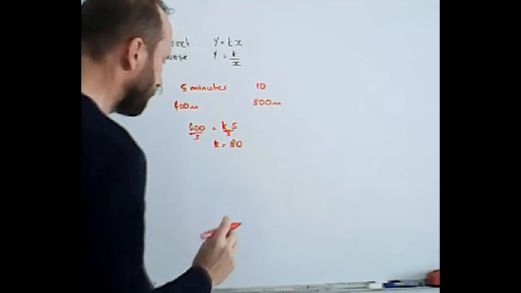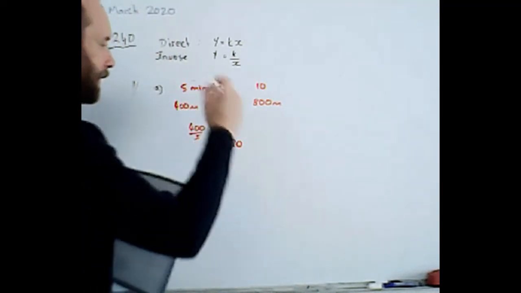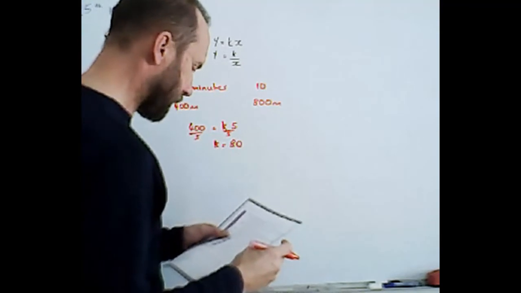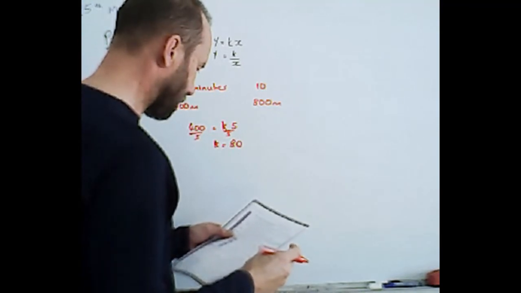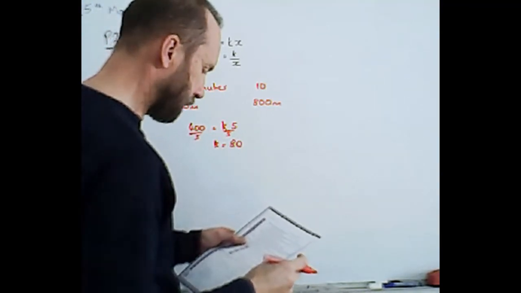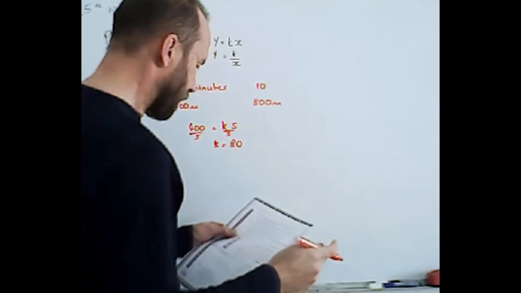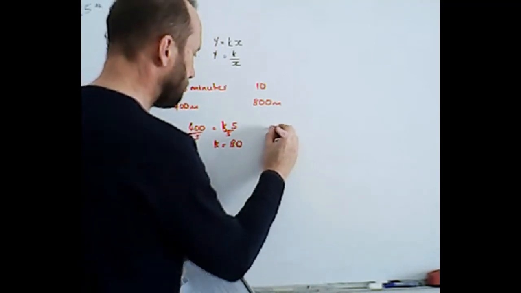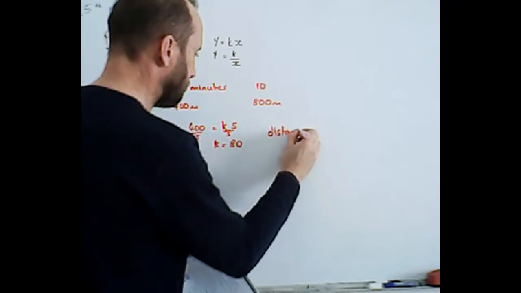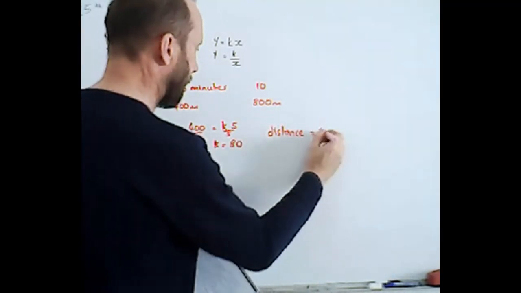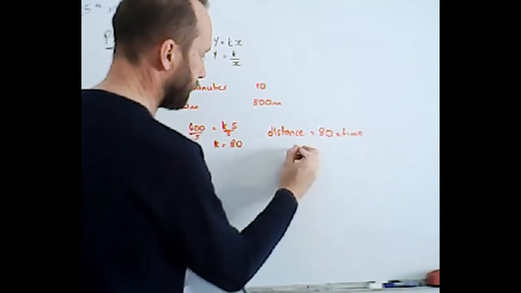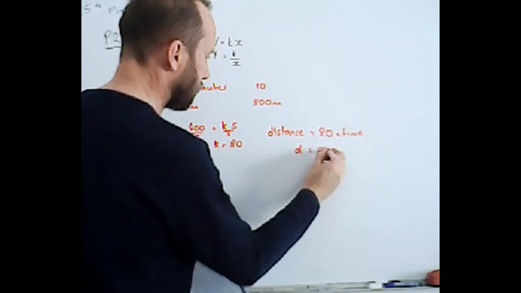Alright? So our formula, we're talking about the distance and time, so the distance equals 80 times the time. I guess we could write that as D equals 80t.